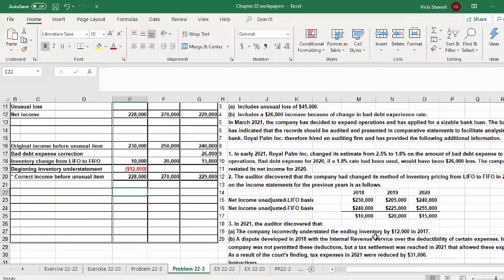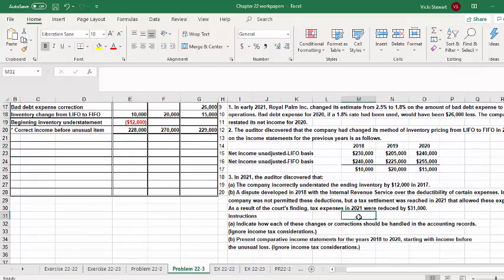The next item it states is in B that a dispute had occurred with the IRS over some expenses that had been deducted, and the IRS disallowed those expenses. But then in 2021, they were allowed the expenses. So the question is, do we go back and restate 2018 to show that decision?